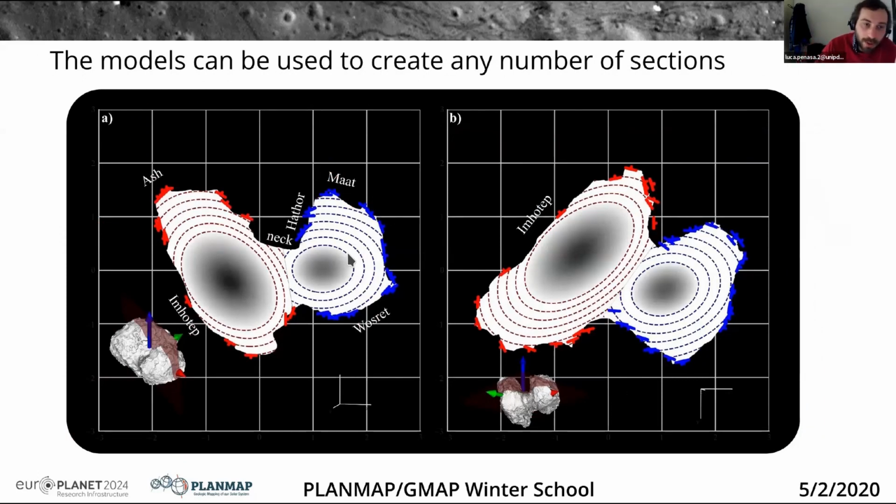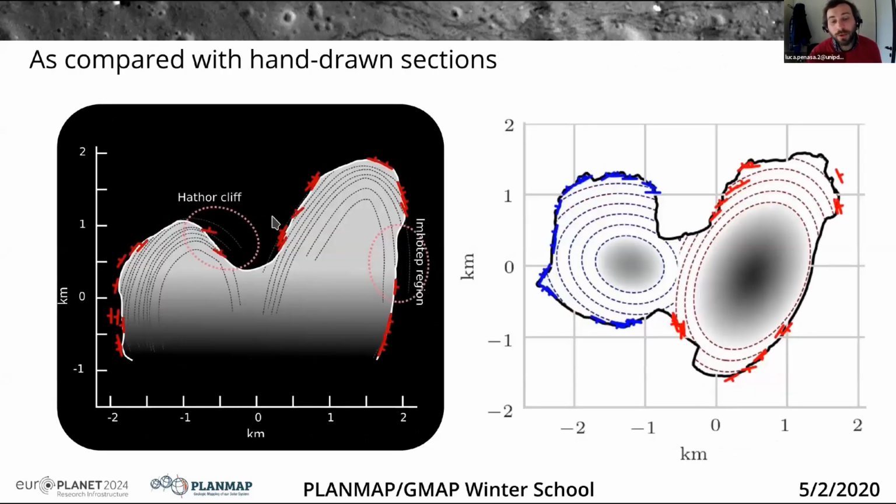At this point, you have a very consistent model. You have basically two different models for each of the lobes. You can create any number of sections, and this time, whatever section you take, they will perfectly match each other. You can compare that with what could be done by hand, and of course, they are different.